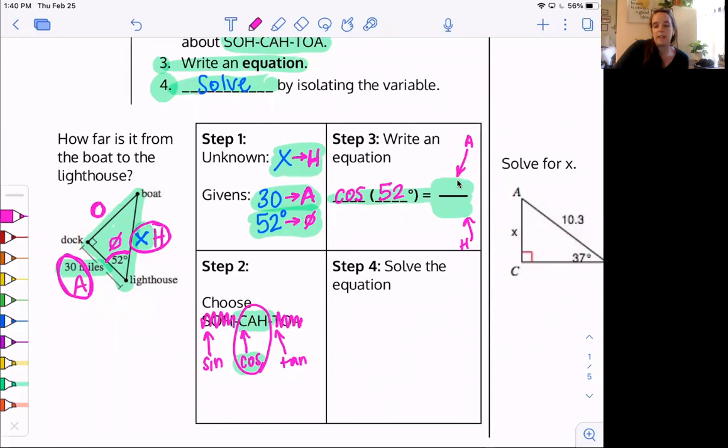What's the number or letter that represents a in this problem? Yeah, 30 miles for sure. I'm going to put 30 there. I'm going to forget the miles for right now. We'll come back to the miles. What was the number or letter that represents h?